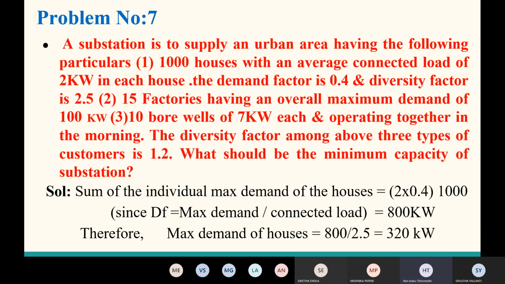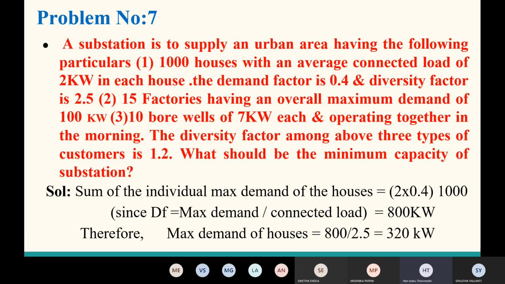The diversity factor among the above three types of customers is 1.2. What should be the minimum capacity of the substation?